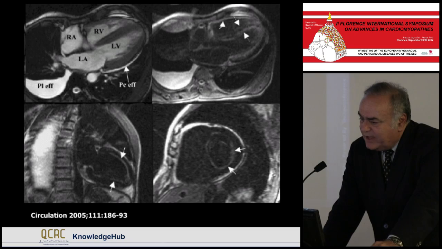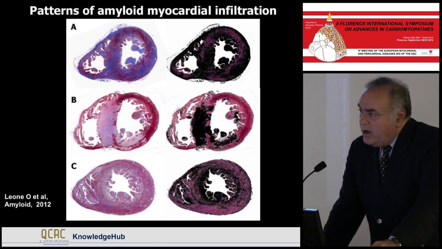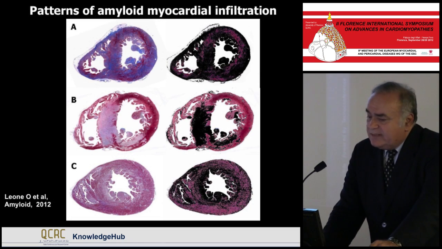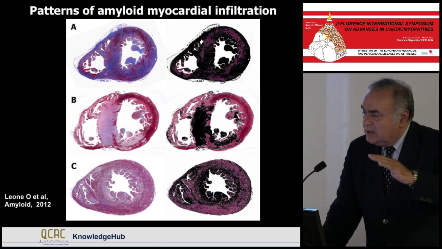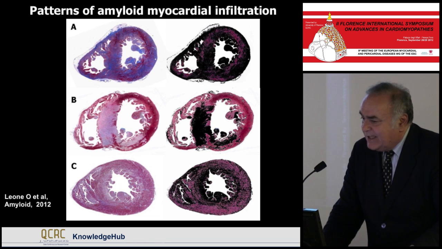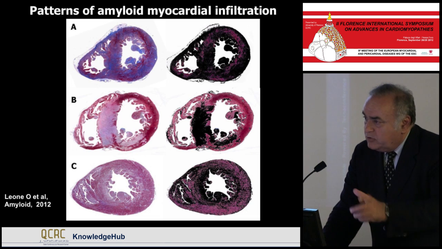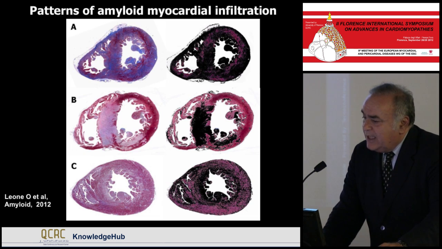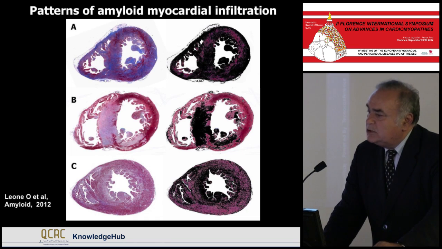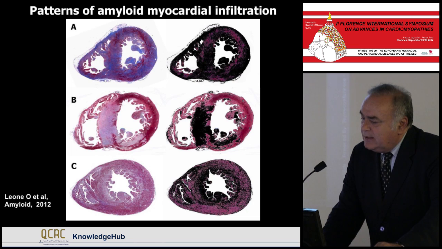Now we know that this is not true. Recently we had the opportunity to cut 12 explanted hearts, and please note the black, which is the computer transformation, is the amyloid, and the pink is the normal myocardium. The pattern of infiltration can be widespread, subendocardial, or scar-like, as in this case.